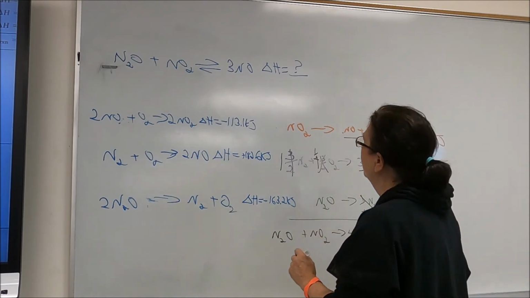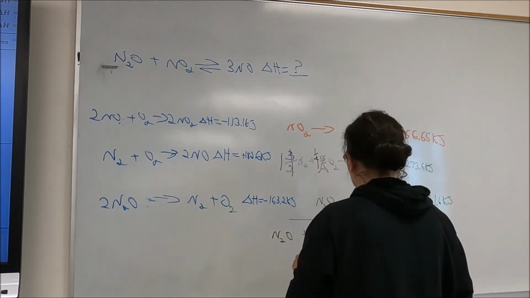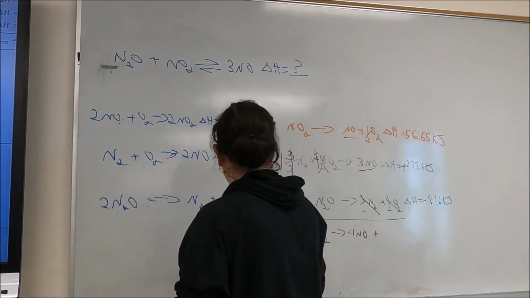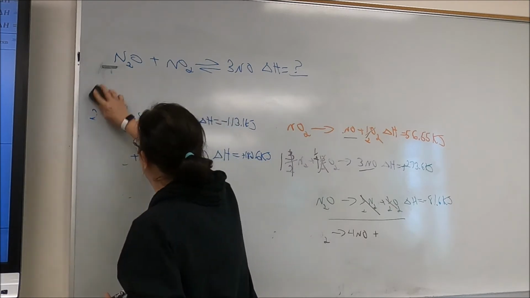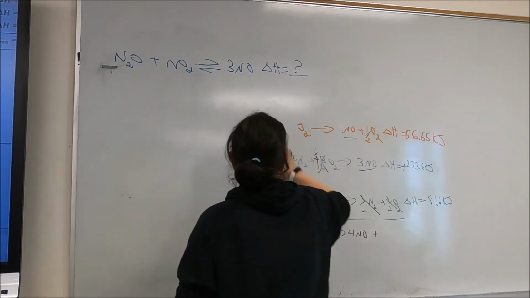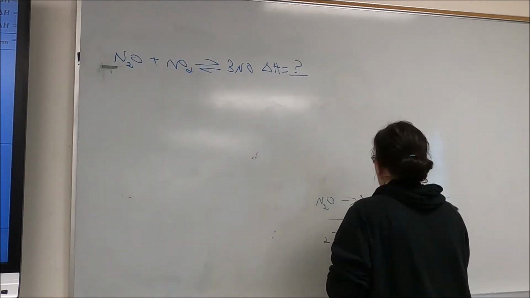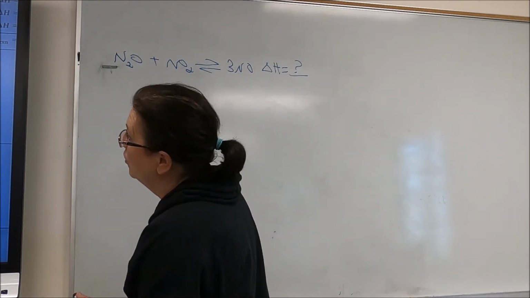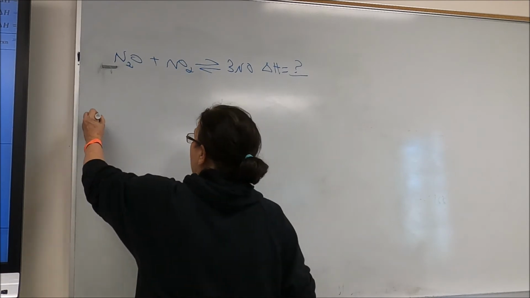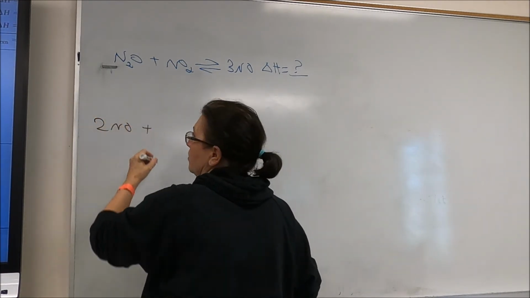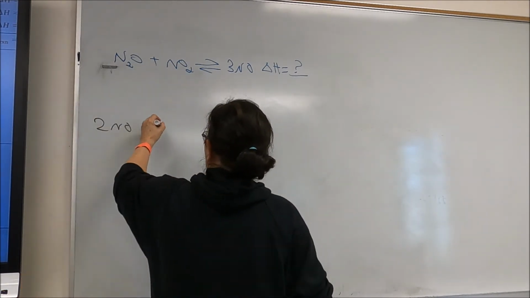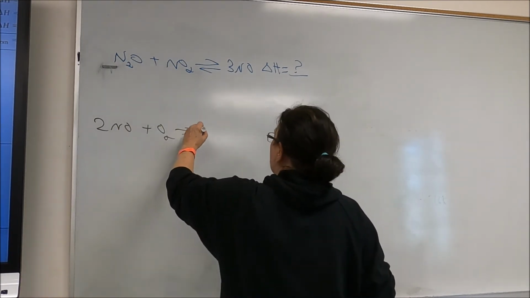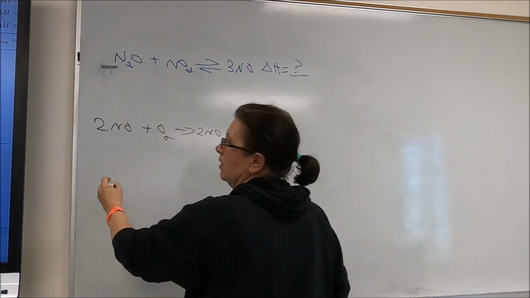Let's see, what have I screwed up? I have screwed up something, guys. Let me double check everything here because I wrote something in wrong. So let me rework this. Let's start with our first reaction again. We've got 2 NOs plus an O2 going to 2 NO2s.